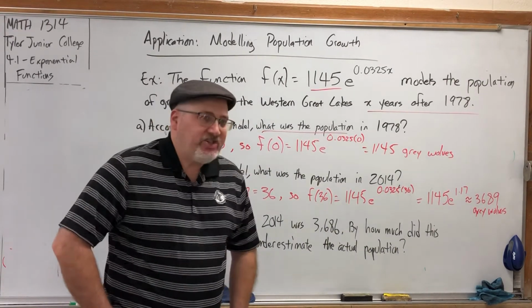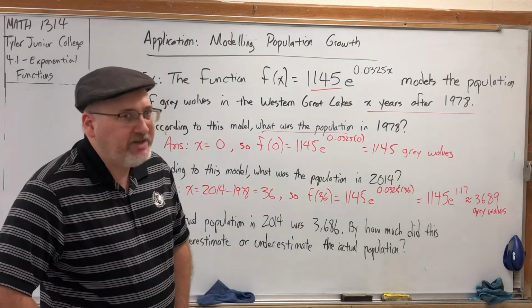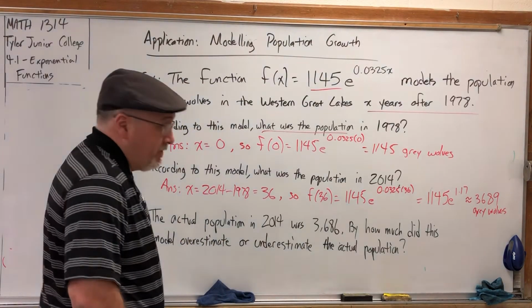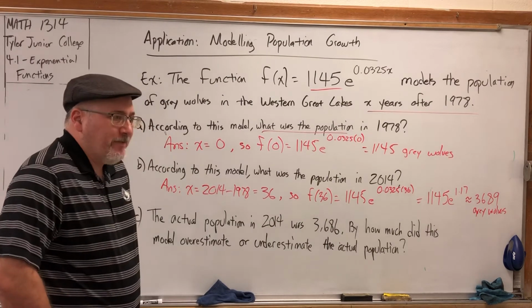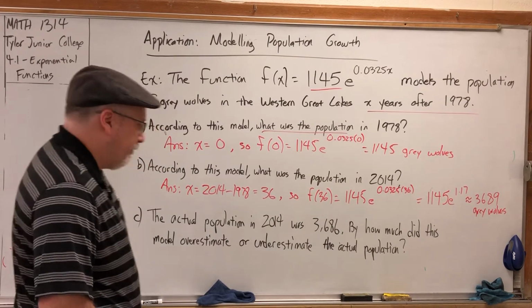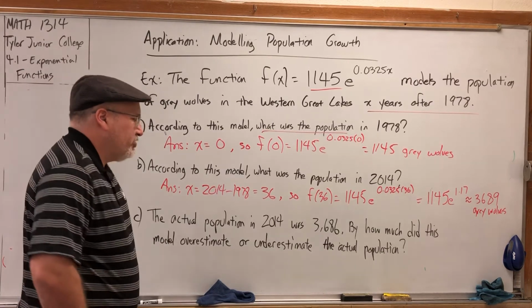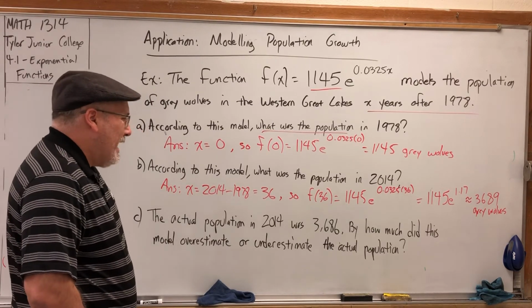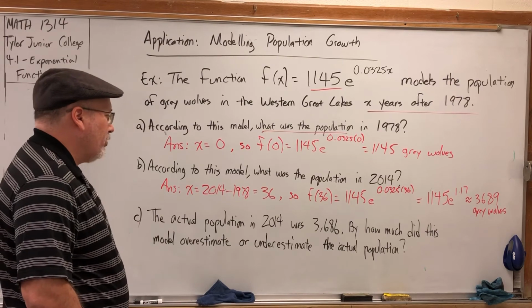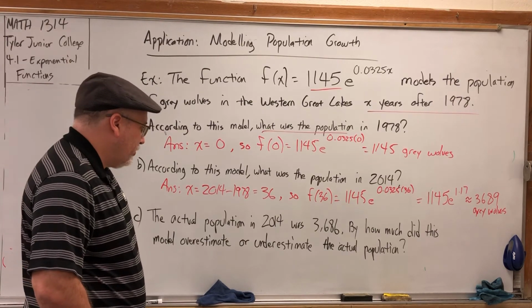And by the way, the adjective chaotic there isn't just a random adjective. There's a strict mathematical definition to it. If you're interested, I recommend studying dynamical systems. The actual population in 2014 was 3,686. By how much did this model overestimate or underestimate the actual population?